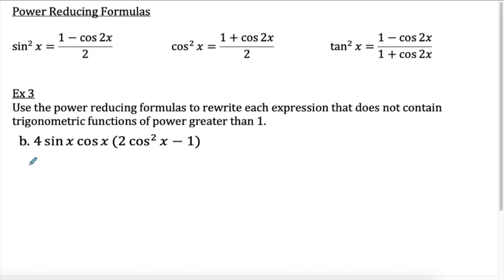So I can say that this part here is equal to 2 times the sine of 2x, because we said sine of 2x is 2 times the sine of x cosine of x. So I just need to multiply that by 2 again. Then here, 2 cosine squared minus 1, well, that also fits one of my double angle formulas. That is cosine of 2x.